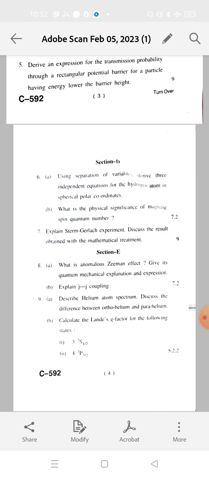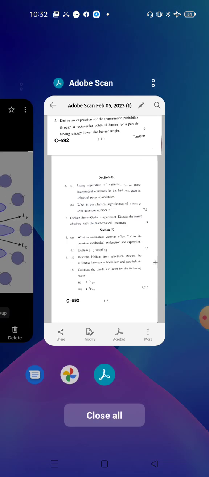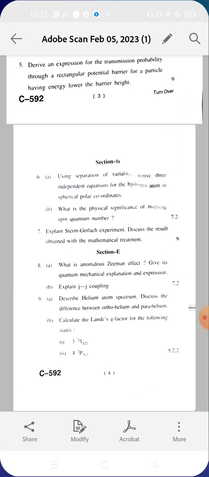Last part is B. Calculate the Landé g factor for the following states. So what is the formula of Landé g factor?